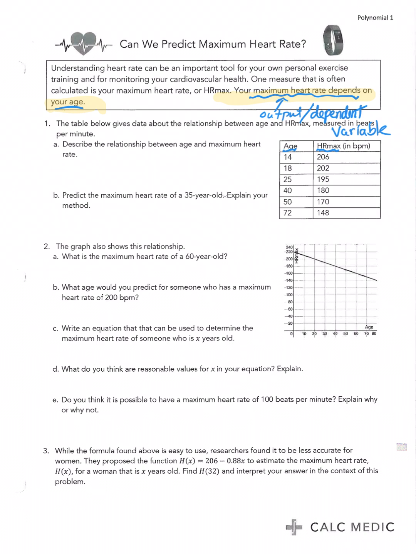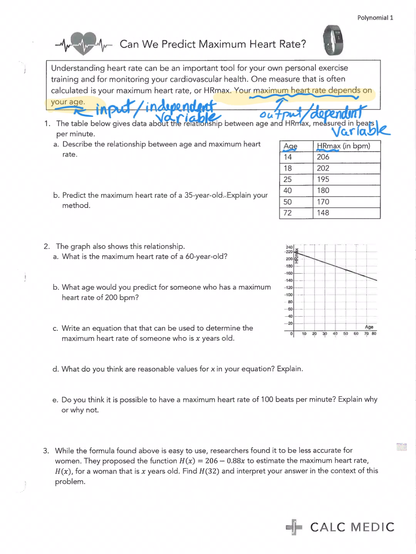Now the age would be the thing that is the input, or my independent variable. You should remember these from Algebra 1 and Algebra 2. So we've got a dependent variable and an independent variable.